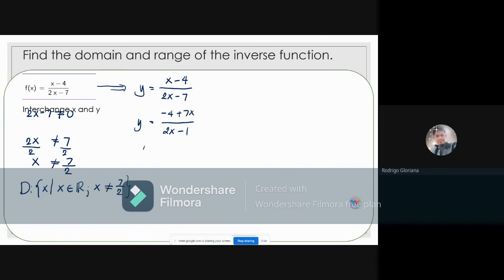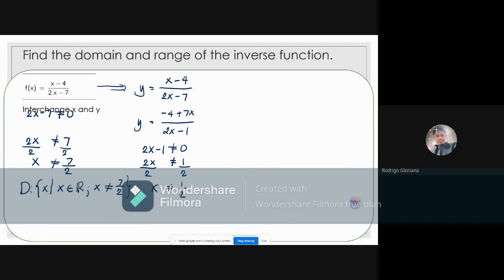As we all know, the denominator should not be equal to 0. So 2x minus 1 is not equal to 0. Then 2x not equal to 1, divide both sides by 2, so x is not equal to 1/2.